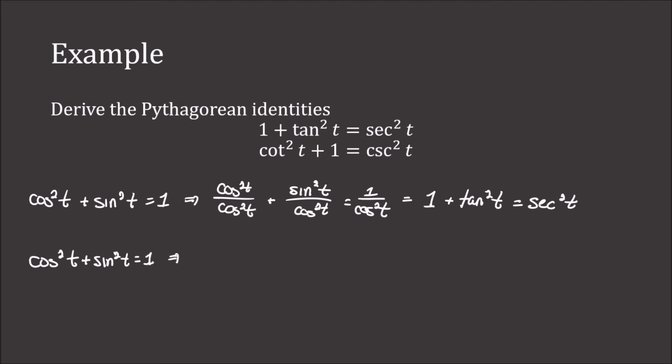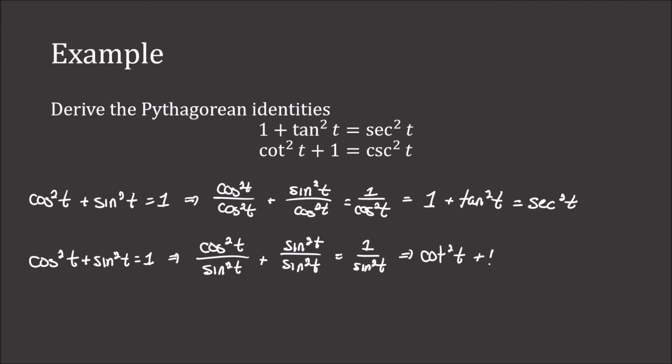This time we divide everything by sine squared. Cosine squared over sine squared is cotangent squared. Sine over sine is 1, and 1 over sine is cosecant. And so there are those two identities.